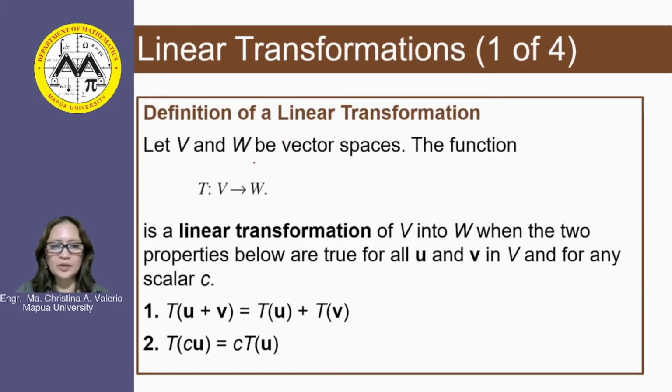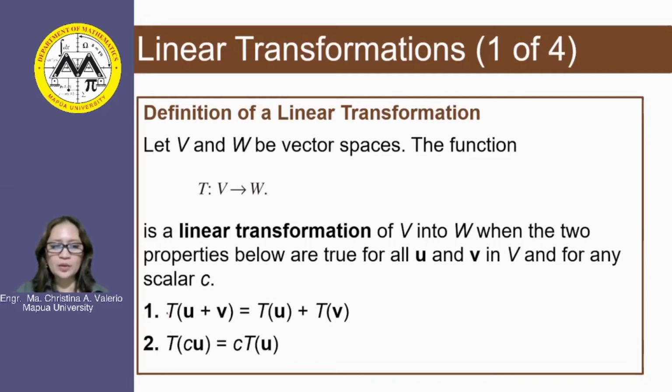Let V and W be vector spaces. The function T that maps the vector space V into the vector space W is a linear transformation of V into W when the two properties below are true for all vectors u and v in V and for any scalar c.